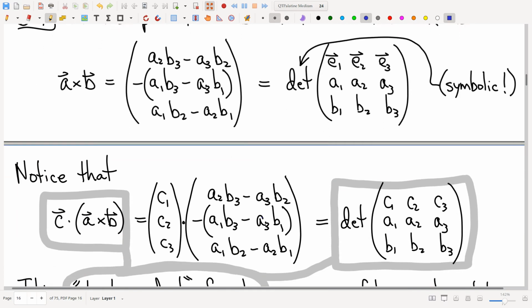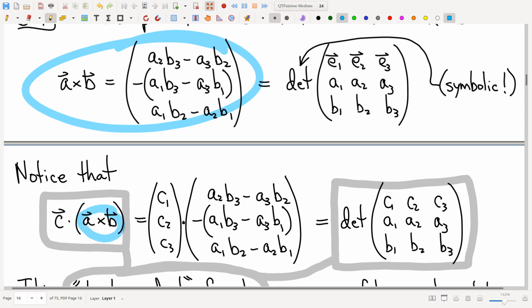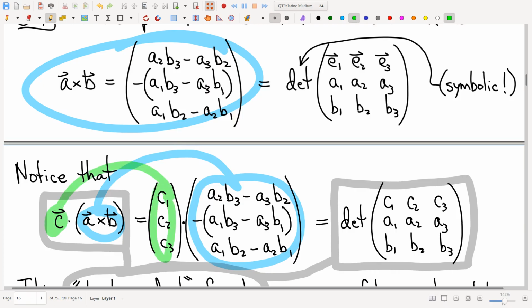Here's a cool fact. If you take this cross product and then you take any other three-dimensional vector, and if you compute a dot product of the green vector with the blue vector, so C dot A cross B. All right, just punch out this dot product.